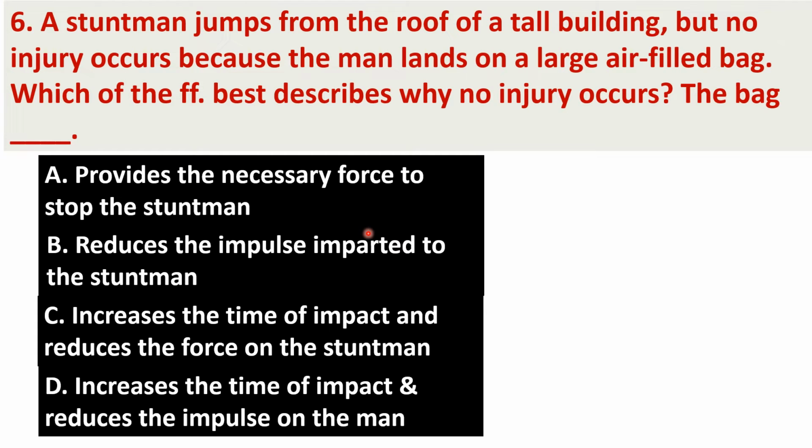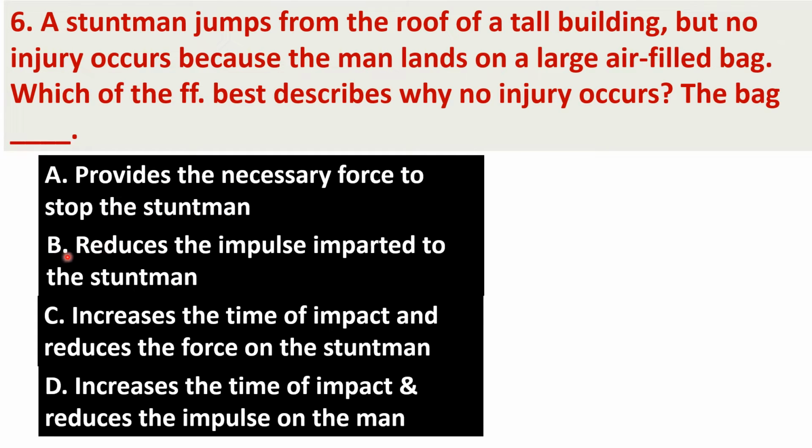Okay, our next question is, a stuntman jumps from the roof of a tall building, but no injury occurs because the man lands on a large airfield bag. Now, which of the following best describes why no injury occurs? Letter A, the bag provides the necessary force to stop the stuntman.